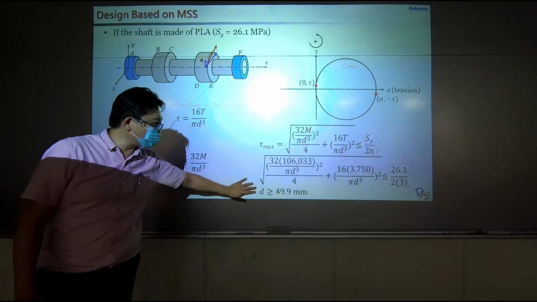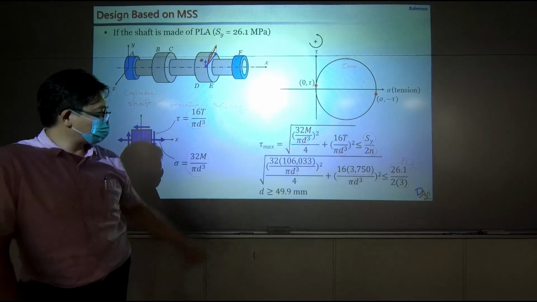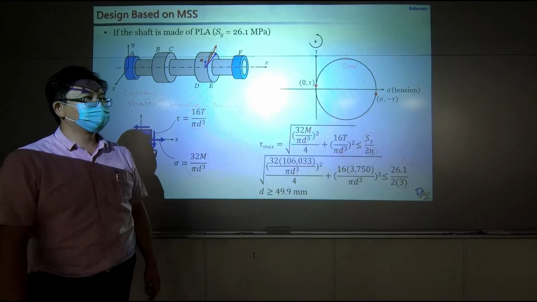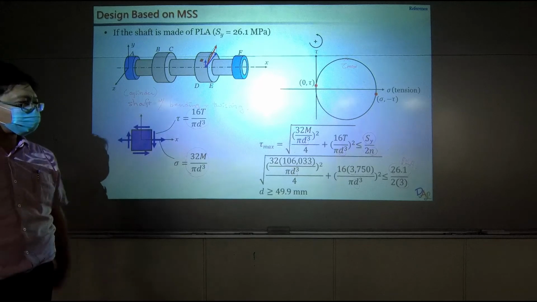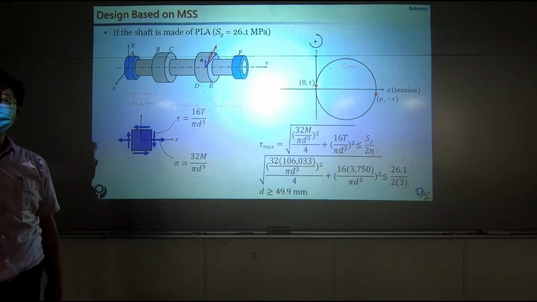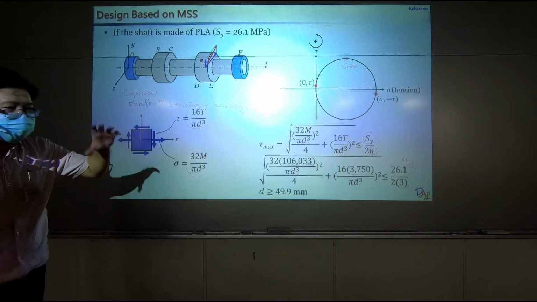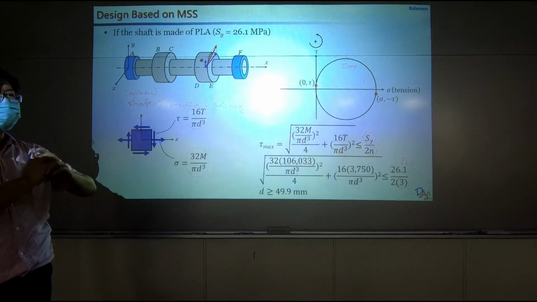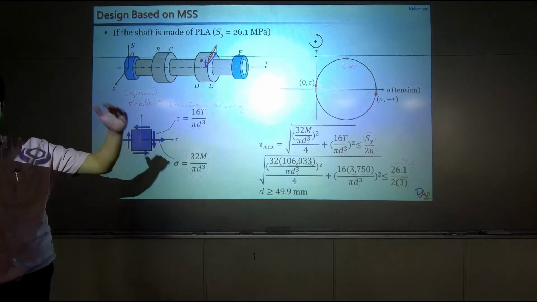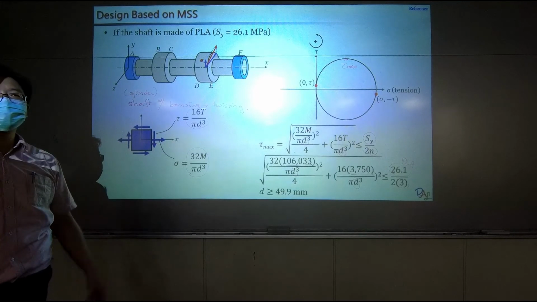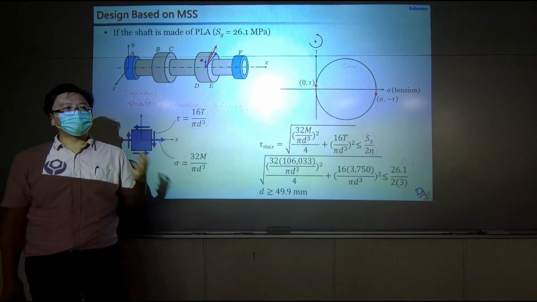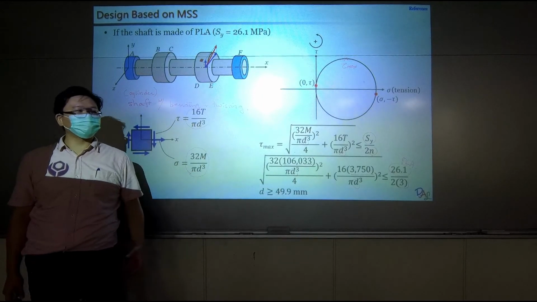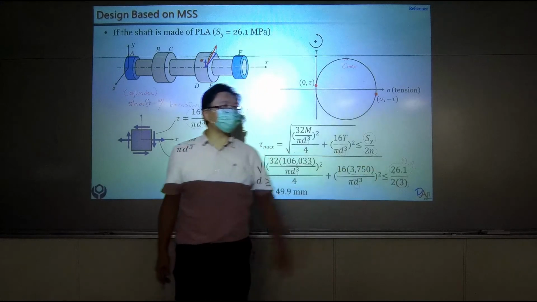Okay, so at the end, d must be greater than 49.9. In the previous example, I think the diameter was not 49.9. It was smaller. I don't remember the number, maybe 30 or 40, but it was thinner. So if I want to reach a certain level of safety, I can use the equation to determine the exact diameter to use to manufacture this, so I can reach the exact safety level.